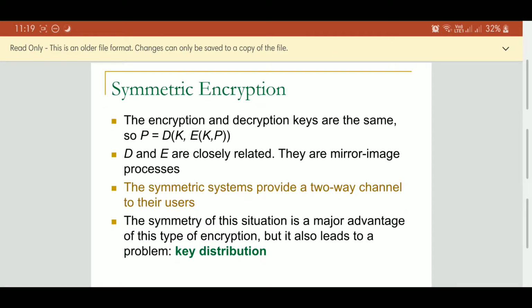Symmetric encryption. The encryption and decryption key are the same, so E and D are closely related. They are mirror image processes. The symmetric systems provide a two-way channel to their users. The symmetry of the situation is a major advantage of this type of encryption, but it also leads to a problem: key distribution.